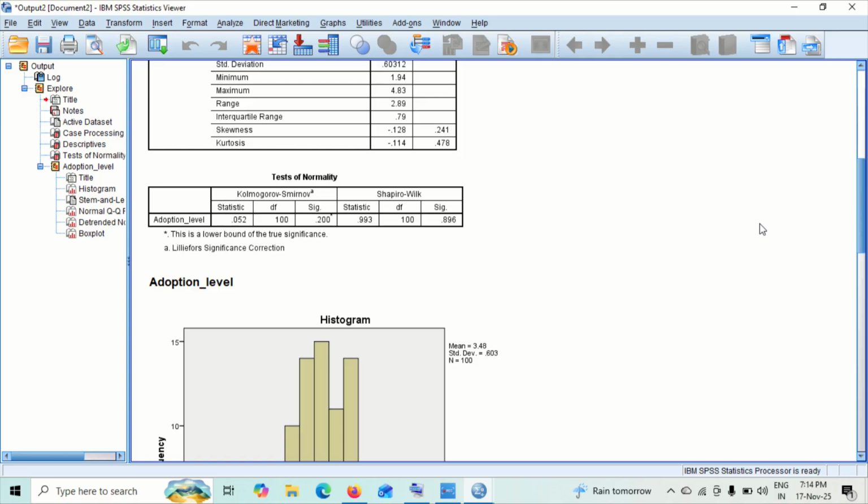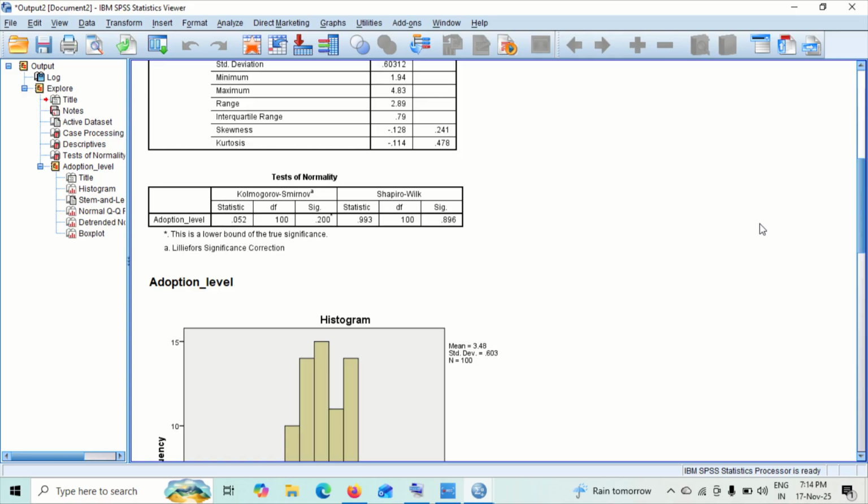Therefore, we can assume normal distribution. Whenever the p-value is less than or equal to 0.05, we have to reject the null hypothesis. That means data is not normally distributed.